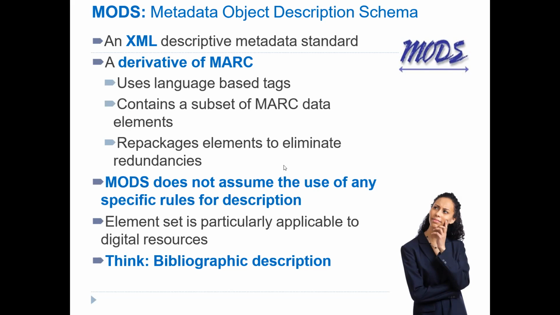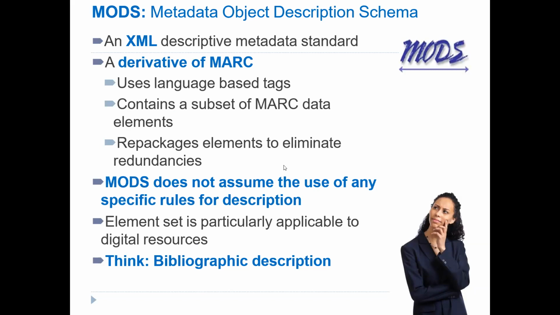At this point, it's a standard. It's been around for a long time. It is XML based, so the file format is XML. It is meant for descriptive metadata, and it really came out of the MARC community.